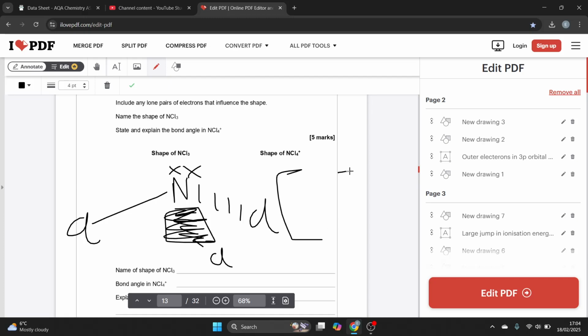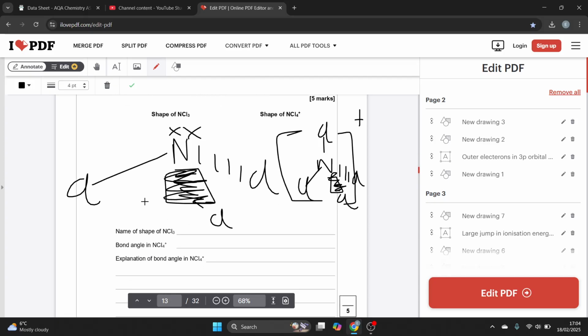NCl4+ again, but in this case I've got chlorine here, chlorine here, a wedge over here, and chlorine here. Name the shape of NCl3. I've got 3 bonding pairs, 1 lone pair, so it's going to be trigonal pyramidal. In reality, you just need pyramidal.